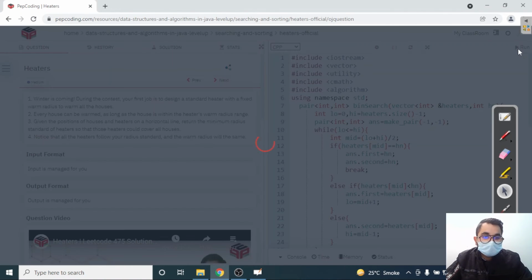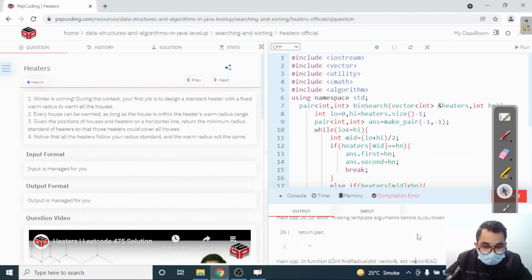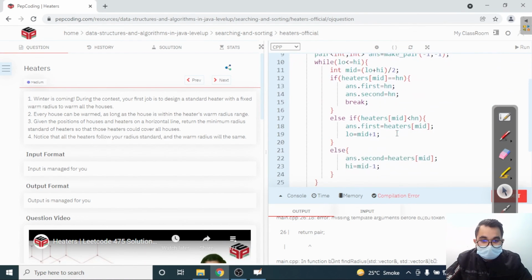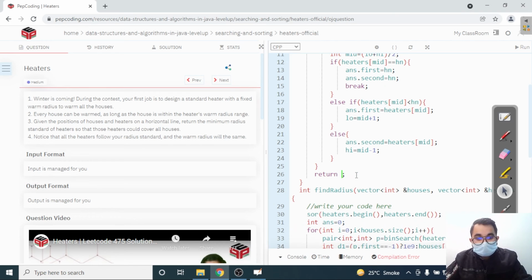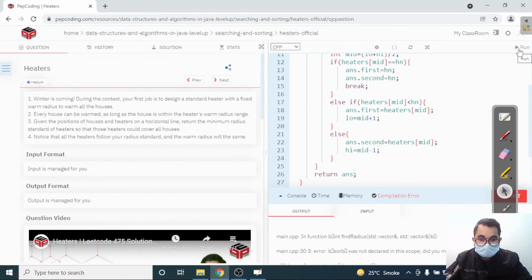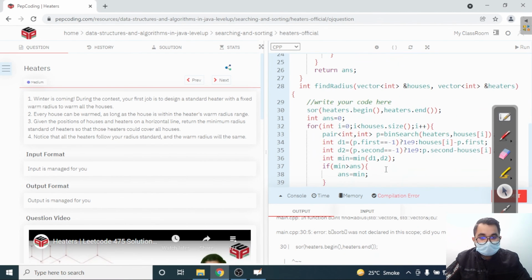Let's run it. So there is some mistake. Return pair. Okay, I have made a mistake, I was doing it for the answer. So let's run it now. Still some mistake. I have missed the T in the sort.